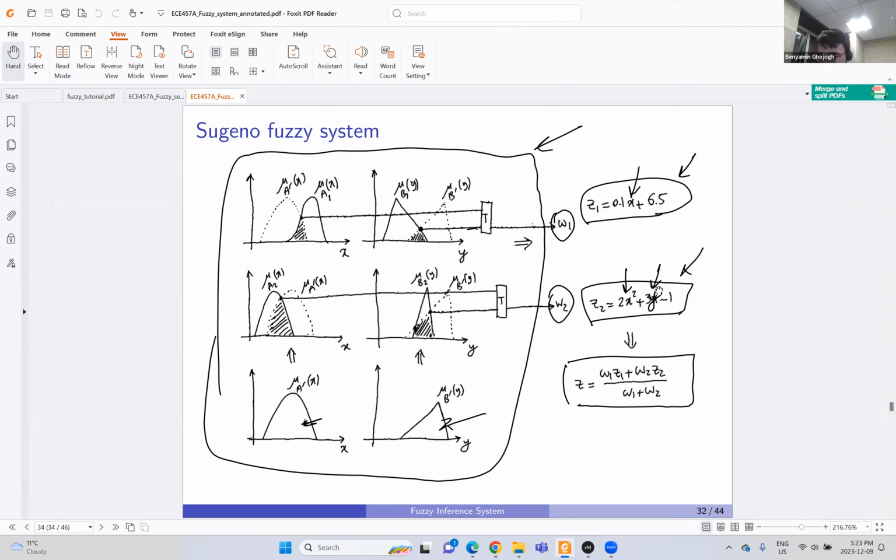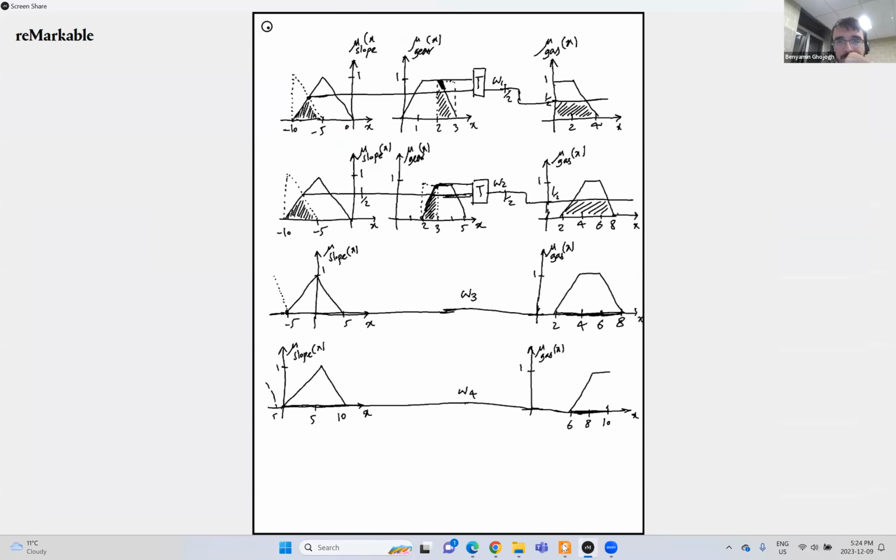We can have some functions for the rules. Again, we can get these functions either ourselves or from the experts. As soon as I get these functions from the experts, I don't have these parts in Sugeno.